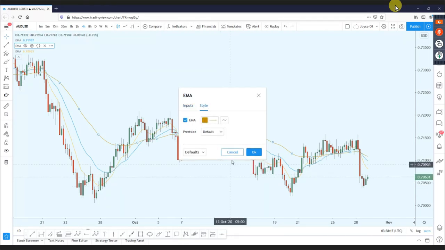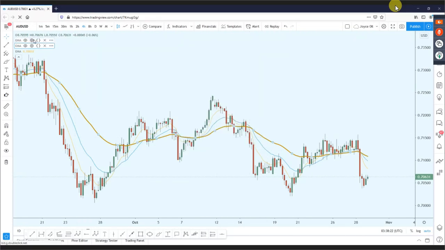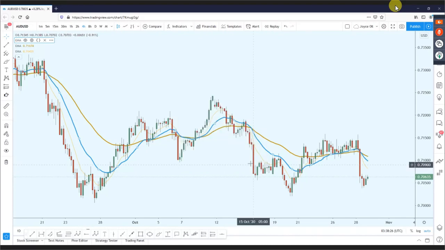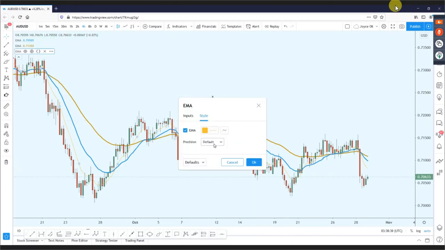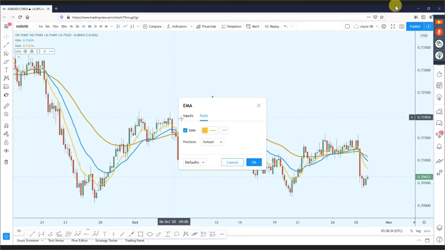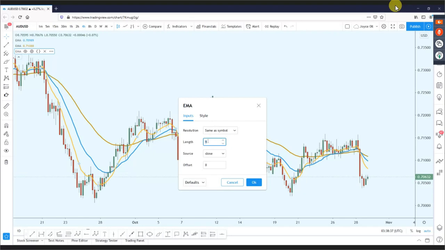And I think I'll make it thicker as well. Okay, and then the blue will be the river. And lastly, we will have one more golden one. And this will be 100, the slowest.